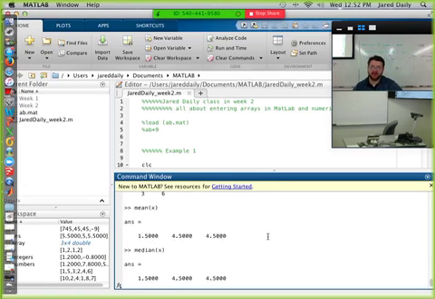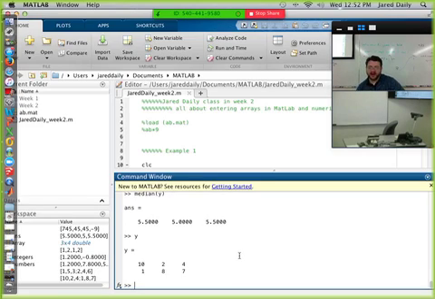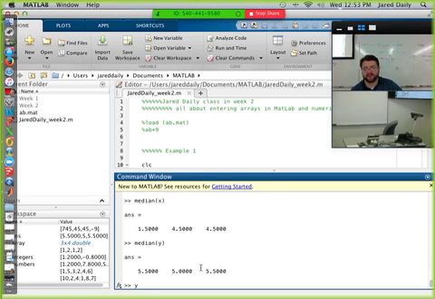If I go to my y array and use the median of the y array, I'm not liking that either. Oh, I see what I'm doing.